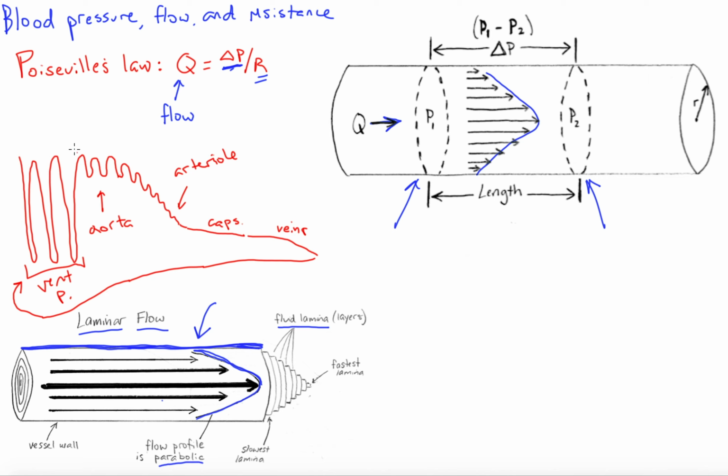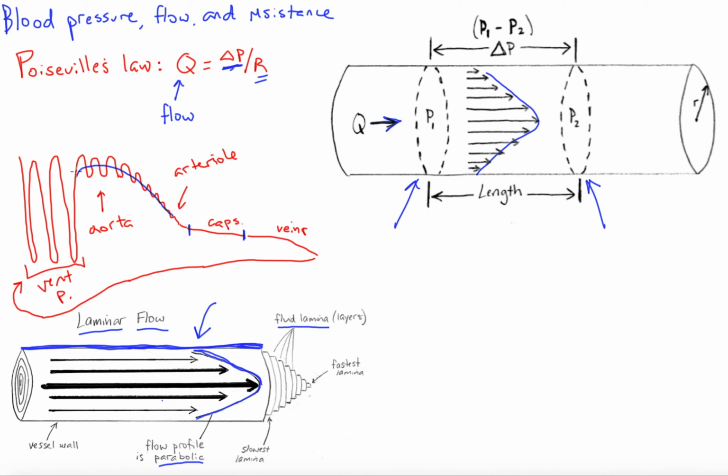Okay? So again, delta P, you pick the spot. If you want to talk about pressure gradient, the delta P in the capillaries, measure between here, there's your P1, measure there for your P2. If you want to do it in your aorta, pick your P, and again, you'd have to use a mean because of the pulsatile nature here. You could take an average, sitting in the middle of everything.